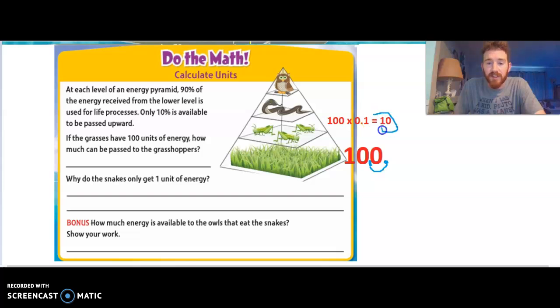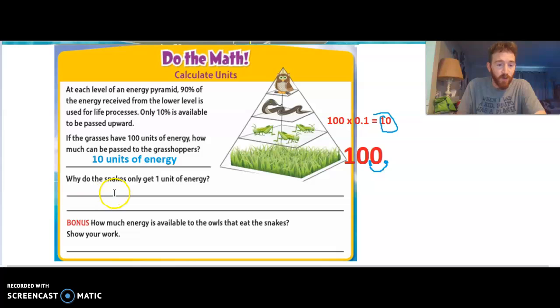So we'd have just this number 10 would be how much energy is available. Then we can continue that pattern all the way up. So first of all, our answer here, if the grasses have 100 units of energy, then there'd be 10 units of energy for the grasshoppers, because again, it decreases by 90%, only 10% gets passed on.